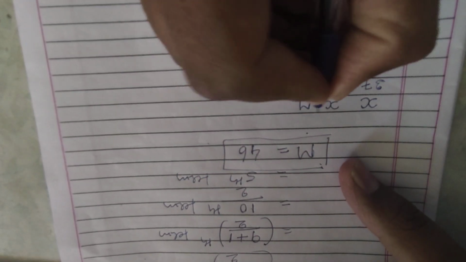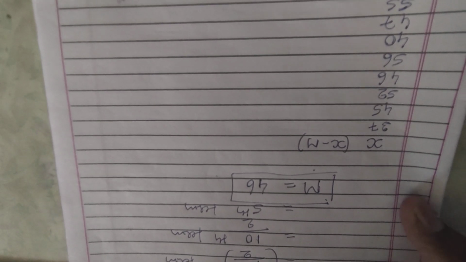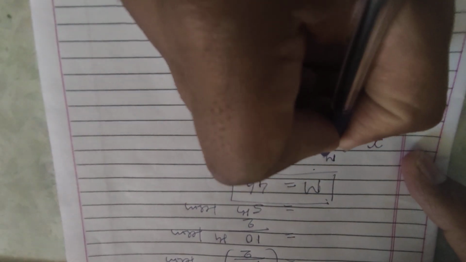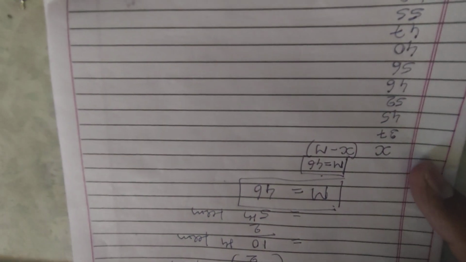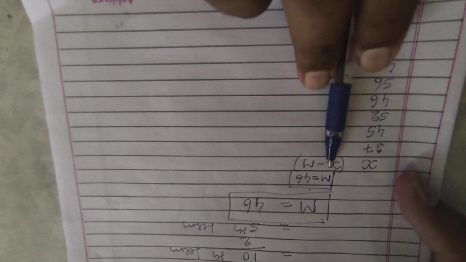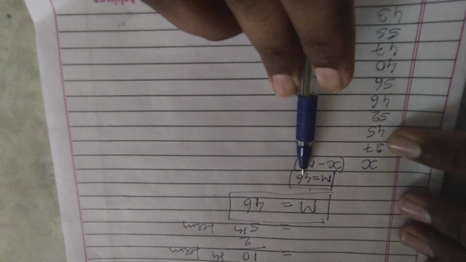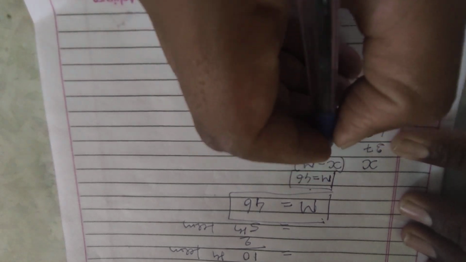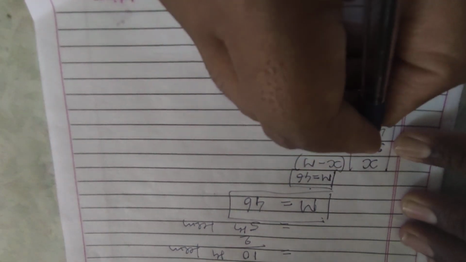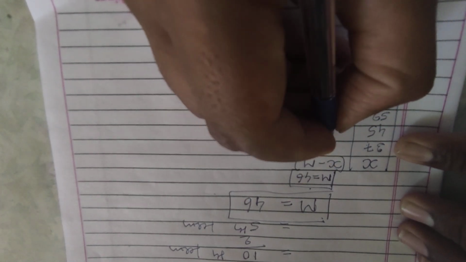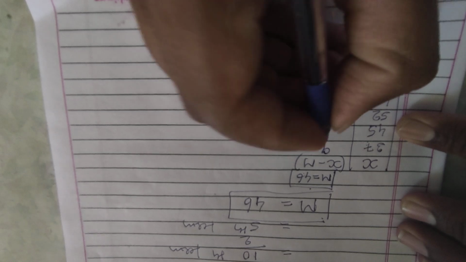Next we identify x minus median. The median value is 46. 37 minus 46 we will get 9. 45 minus 46 we will get 1.